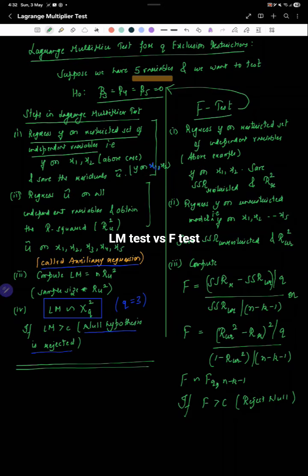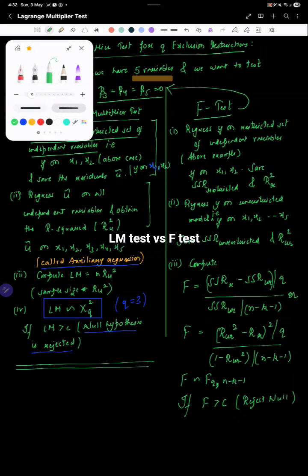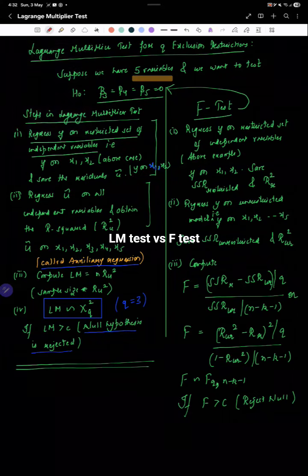So we have to run this restricted regression on only x1 and x2 and save the SSR, that is the sum of squared residuals, for this restricted model as well as the R squared from this restricted model, and name these SSR r and R squared r.